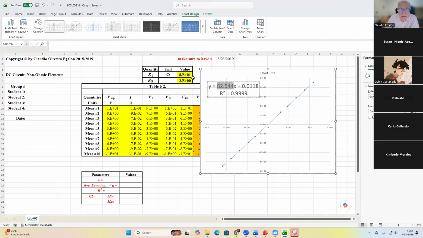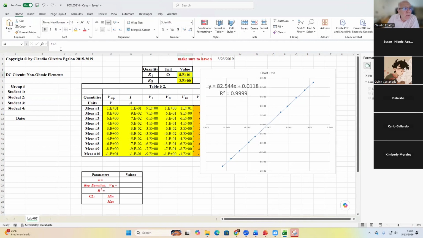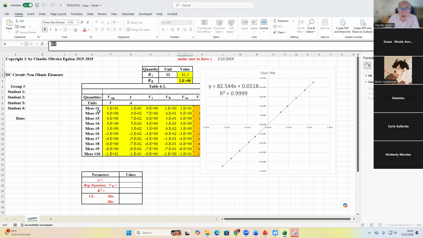It says 82.5. Let's see what we have here. It says 81.3. So very close.